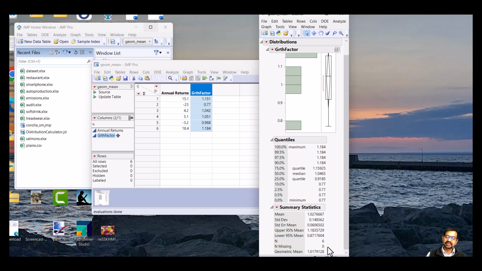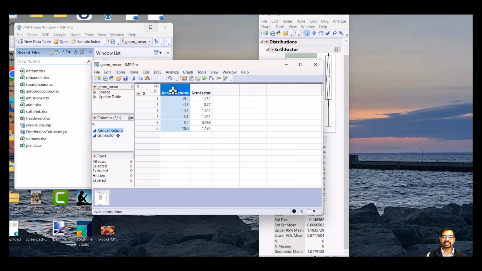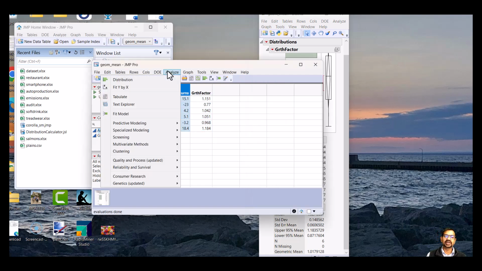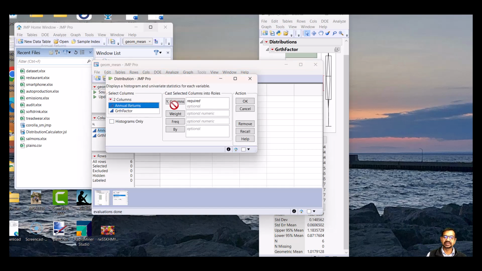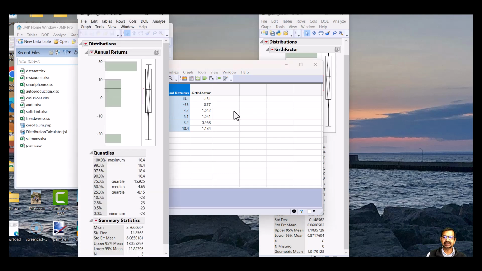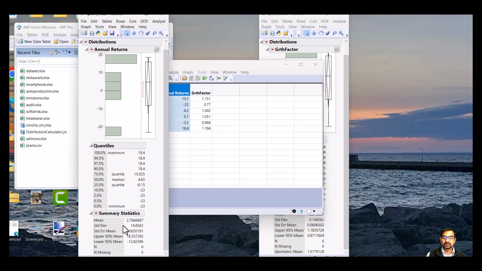So our annual return, the geometric mean is 1.0179, which means that this asset grew over these 6-year periods by an average growth rate of 1.7%, which is a modest growth. But had we mistakenly taken an average of this, so we go to analyze, distribution, and we use the annual return column, look at the mean. 1.0276.